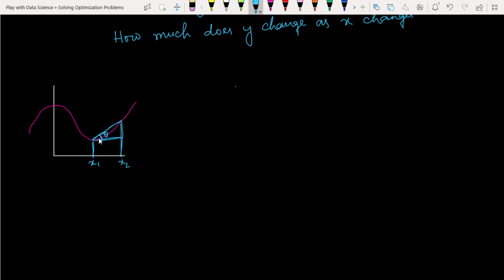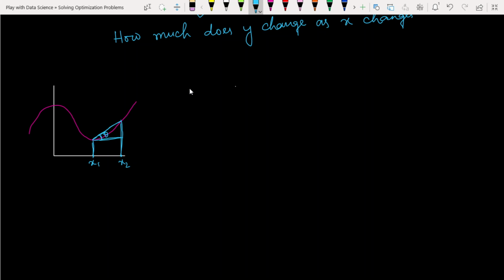That is our hypotenuse. Just see this triangle. In this triangle, the hypotenuse's angle with the x-axis is actually tan theta. So tangent, simple.